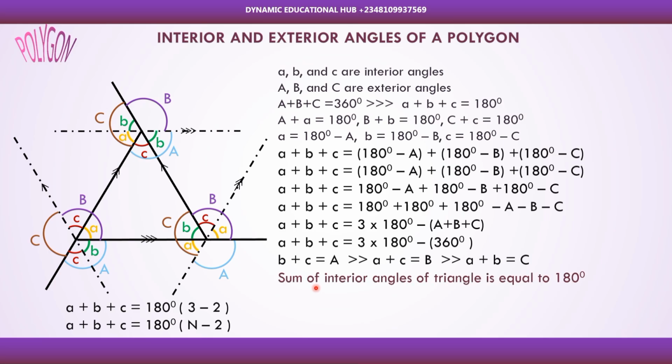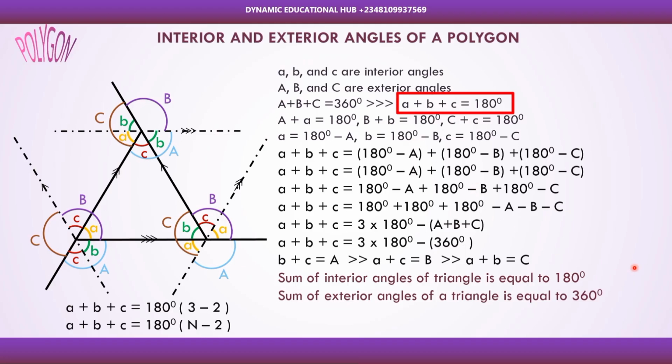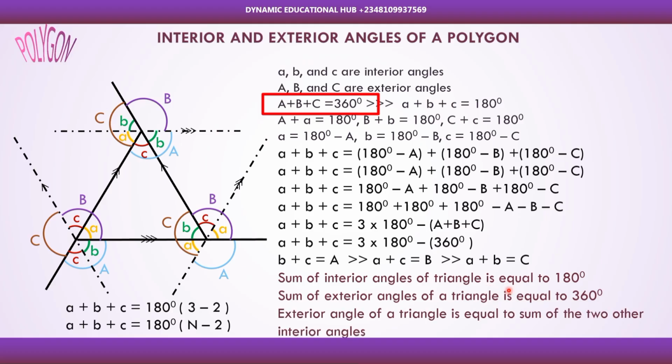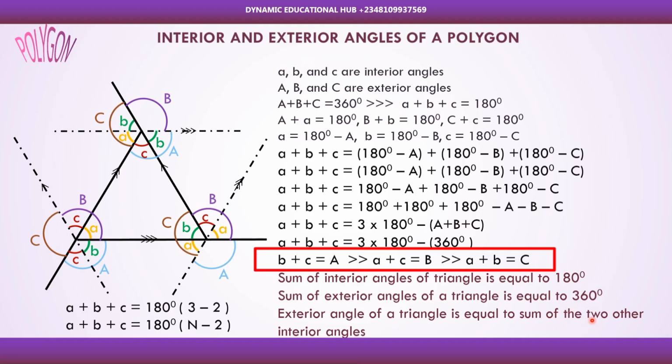Now, from this expression, we can say that the sum of the interior angles of a triangle is equal to 180 degrees. We have verified that. We also see that the sum of the exterior angles of a triangle is equal to 360 degrees. We have verified that. And an exterior angle of a triangle is equal to the sum of the two other interior angles.